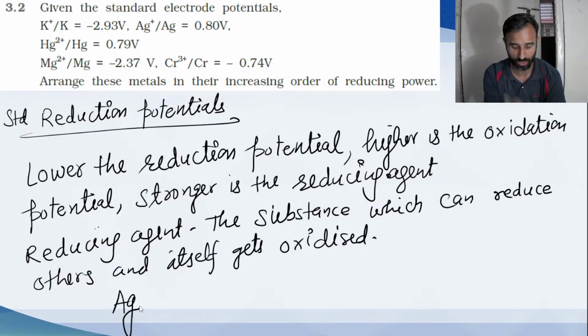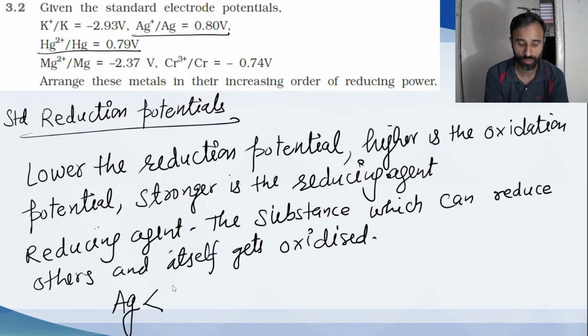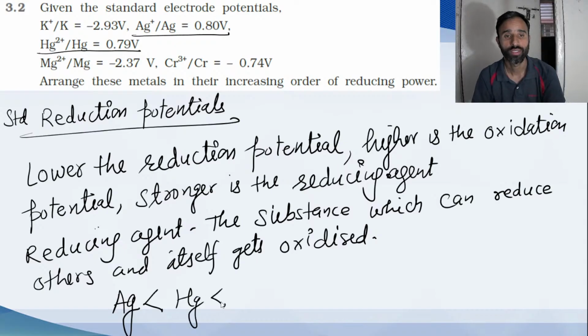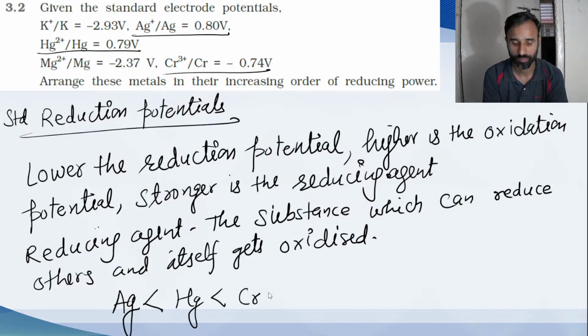So first is silver, right? The silver has 0.80 volt reduction potential. Then comes mercury. Next, out of this, is chromium. Lower negative value means higher reduction potential.